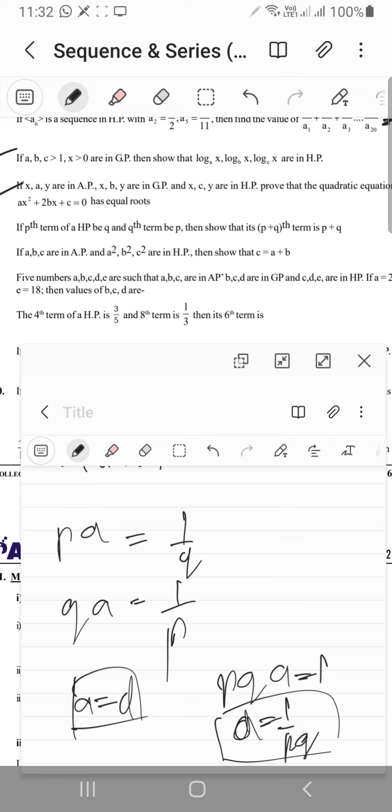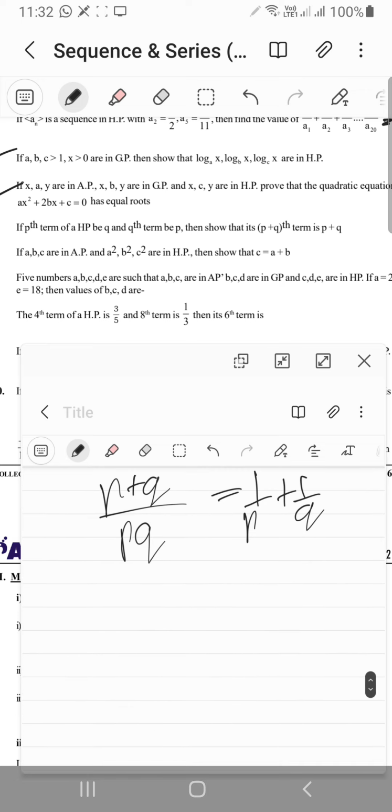Come on, think. A is equal to D. It should be P times A. What's going wrong? Then you just want the P plus Qth term.